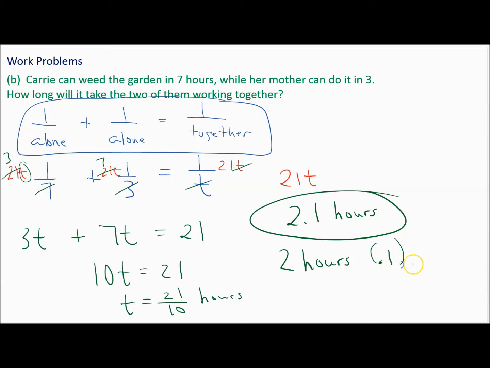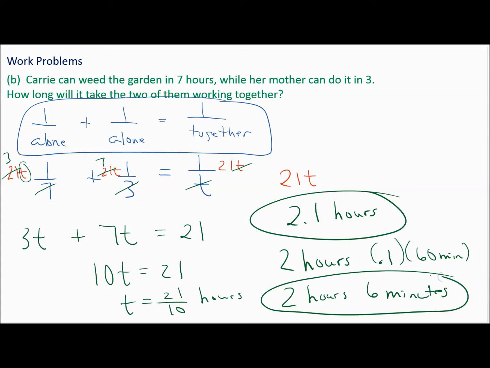How do you do that? You take that decimal and multiply it by 60 minutes, and 0.1 times 60 gives you 6 minutes. So my final answer is 2 hours, 6 minutes, and they are finished weeding the garden.